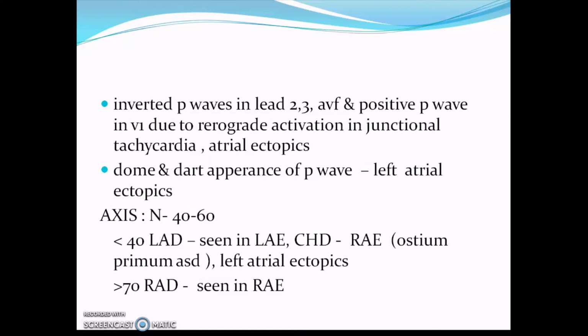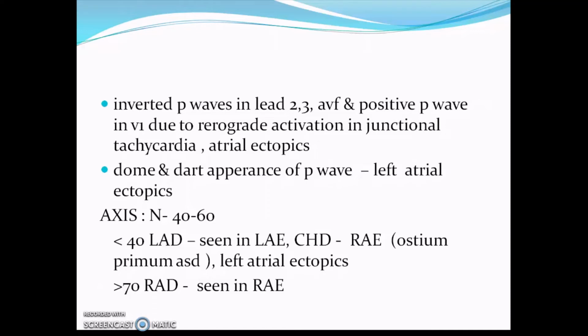To differentiate between AV junctional tachycardia and atrial ectopics: in atrial ectopics, the PR interval is normal, whereas in AV junctional tachycardia, the PR interval is shortened, and there will be associated tachycardia, that is heart rate more than 100. Sometimes you will see a dome and dart appearance of the P wave in left atrial ectopics.